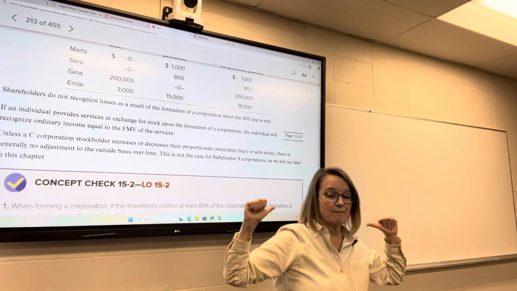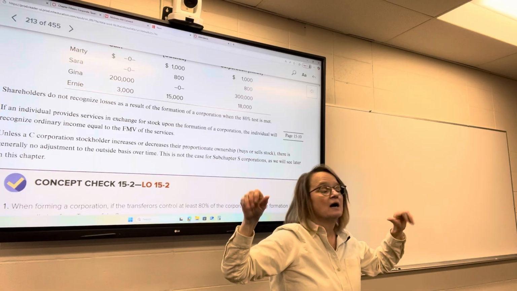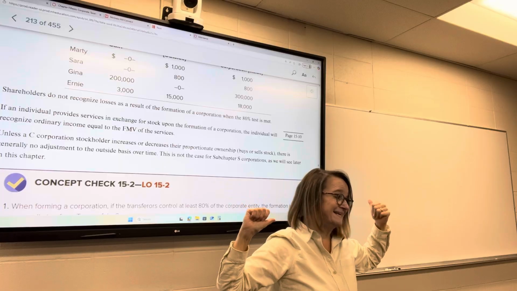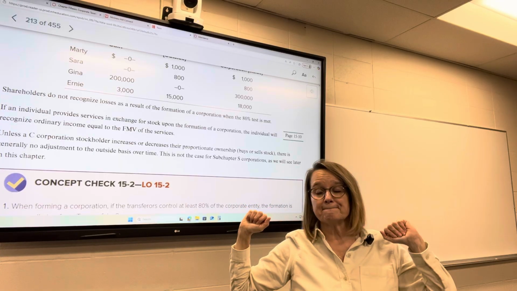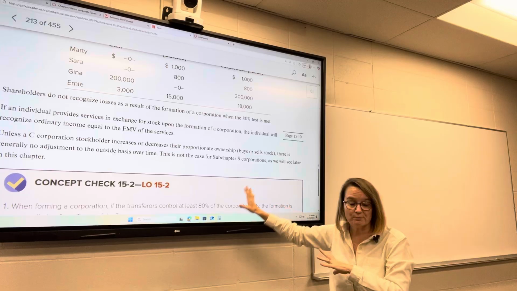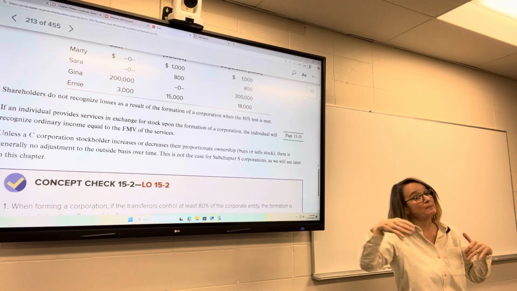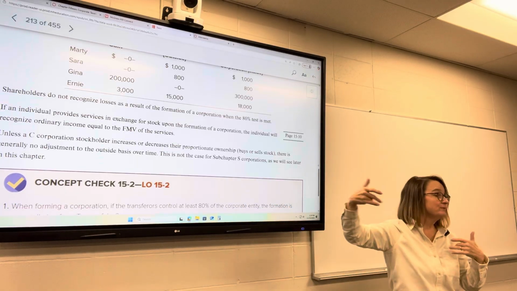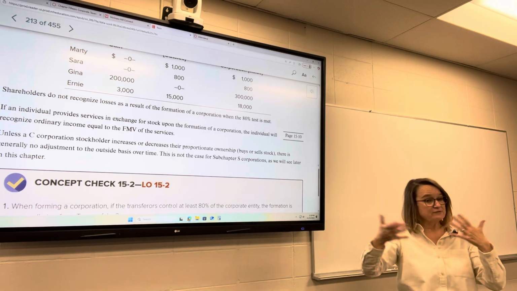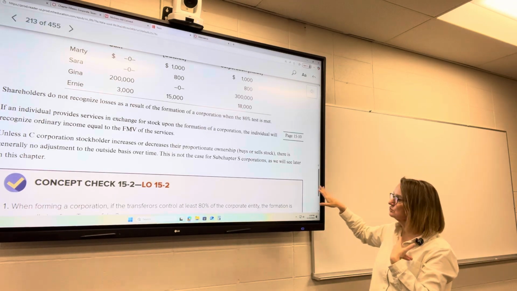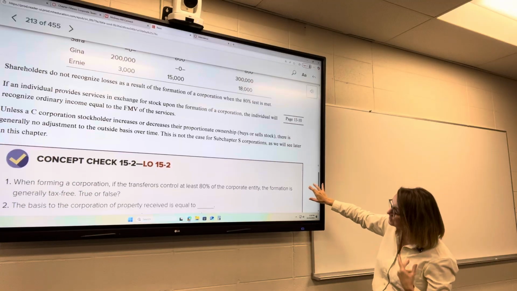That does not happen with corporations. Corporations are generally easier from a tax perspective than partnerships are. But what happens with corporations, it doesn't change unless you buy more stock or contribute more property in exchange for stock and that sort of thing. So you have to actually have some sort of external transaction there.